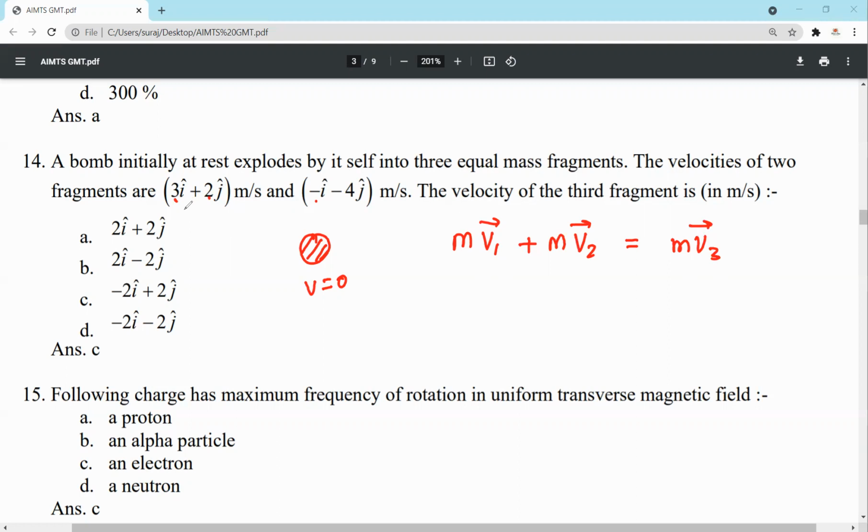V1 vector plus V2 vector, right? Opposite of that. Or else I'll draw it like this.